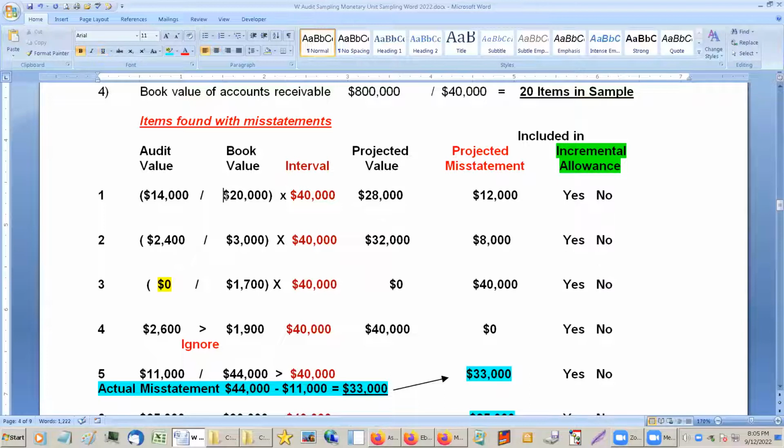So there might be more wrong with those intervals because the item that we picked did not cover the entire interval. Show you what I mean here. For instance, this one, the book value was 20,000, the interval was 40. So there might be still more wrong in there. So incremental allowance for this one would be yes, because there still could be more wrong.